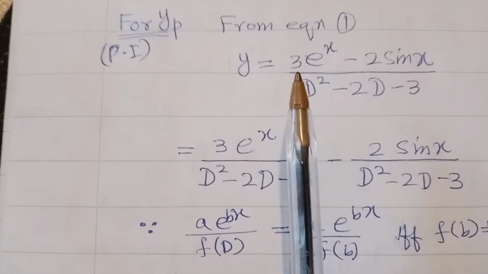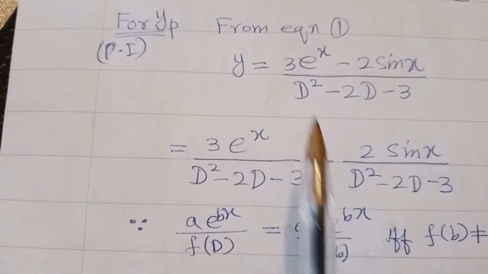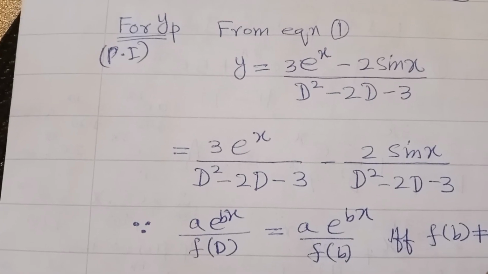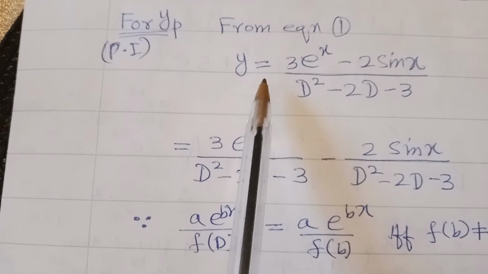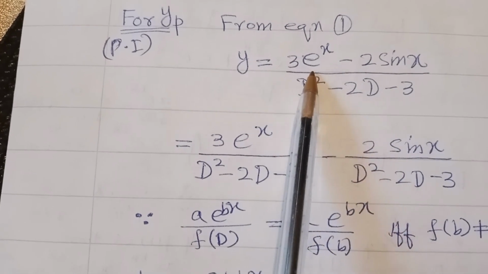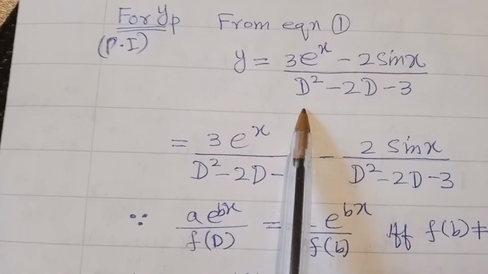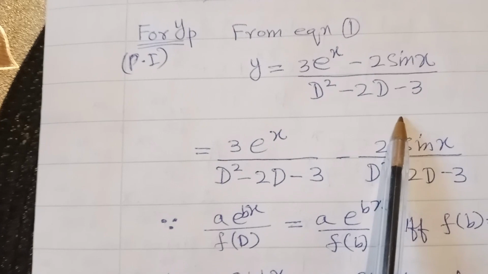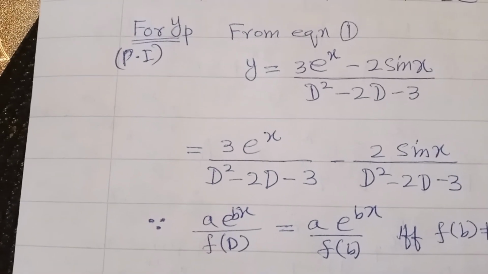Now I am going to find the particular integral. For the particular integral, we take the value of y from equation number 1, that is y = (3e^x − 2 sin x) / (D² − 2D − 3). Now here again we have two functions in the numerator, so we will break the operator here again.